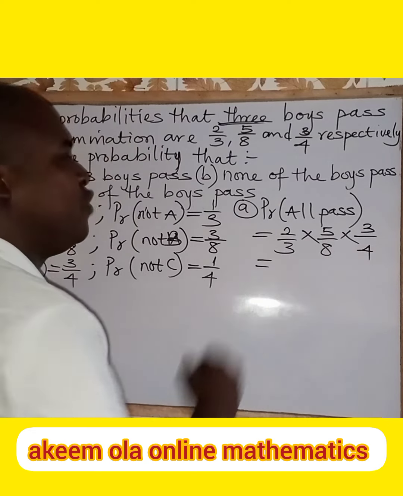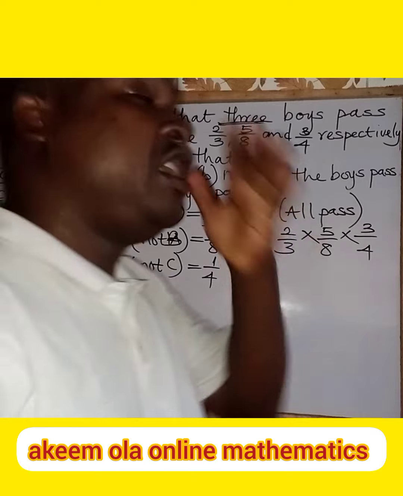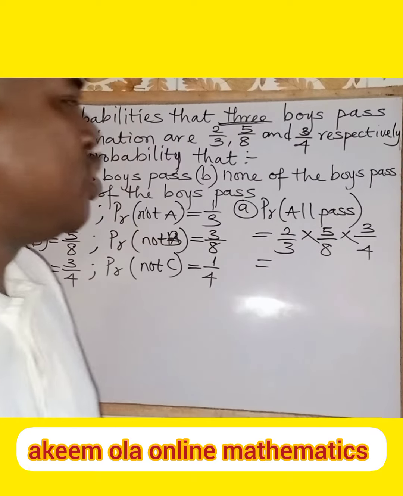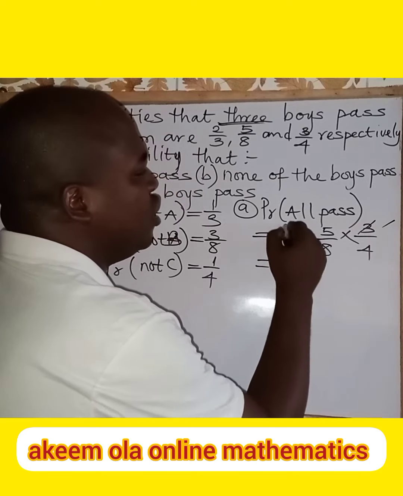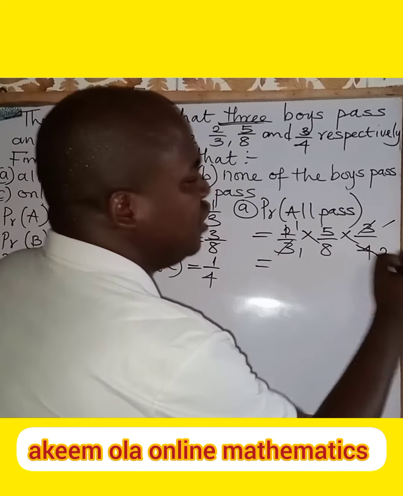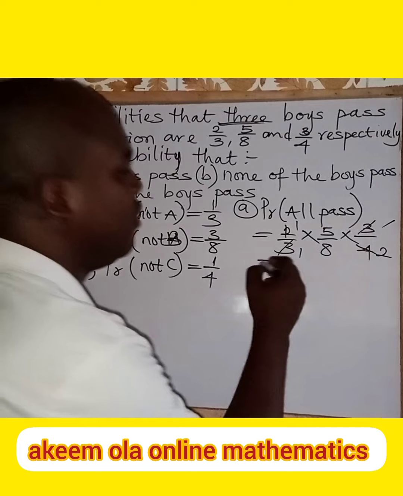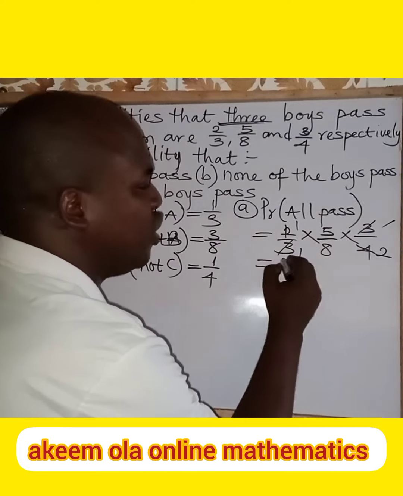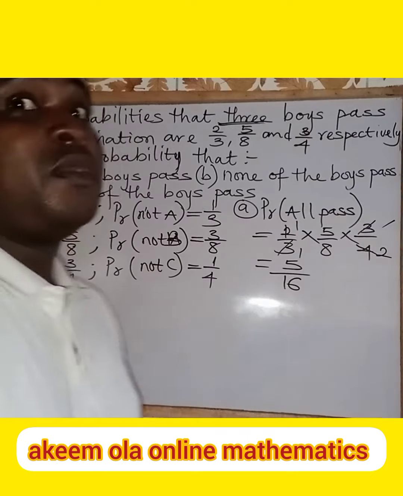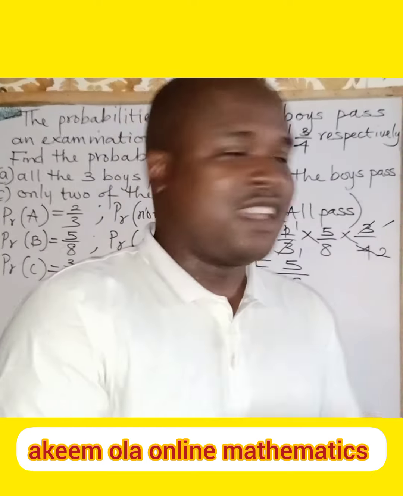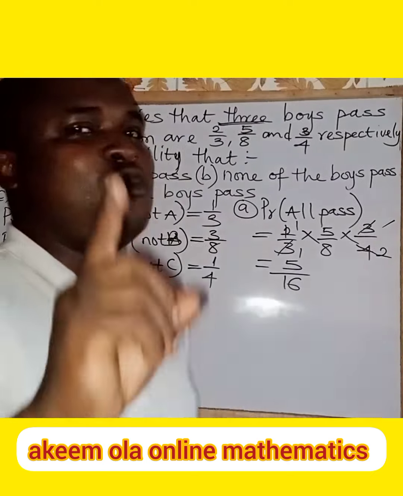It is always good for us to reduce it to the lowest term. If you reduce to the lowest term, you will observe that 3 will go into 3, 1, 1. 2 here is 1, and 2 here is 2. So our probability that all pass the examination will now be 5 all over 8 times 2, which is 16. As you can see, the answer is less than 1.